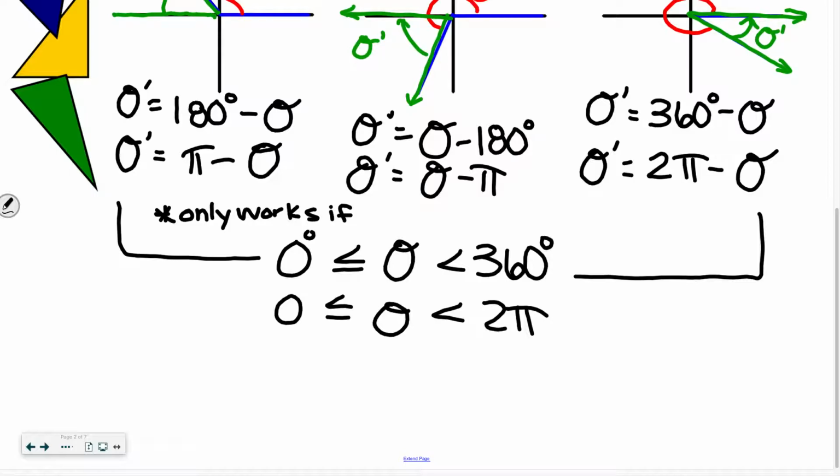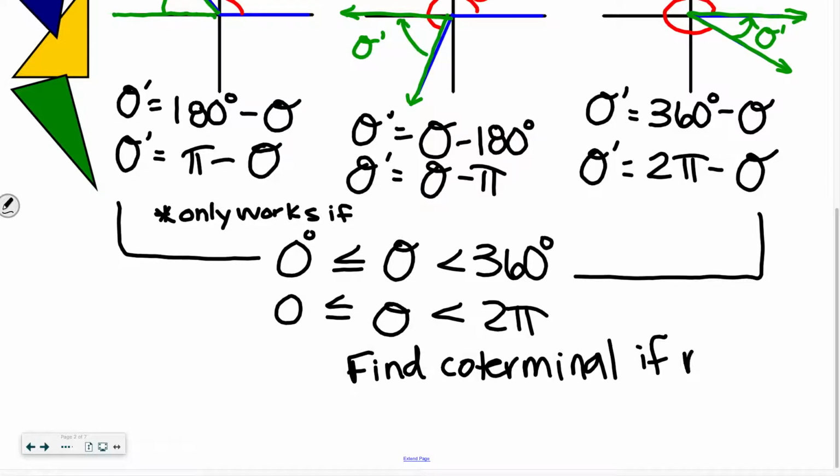So I need to find a coterminal angle first, like 500 minus 360. 500 minus 360 is what, 140? And then I can do 180 minus 140, and that's 40 degrees, which is a positive and an acute reference angle. Okay. So find a coterminal angle if not in that range.